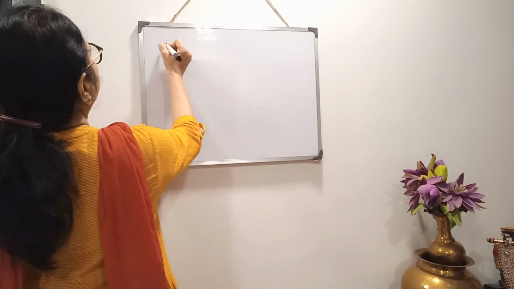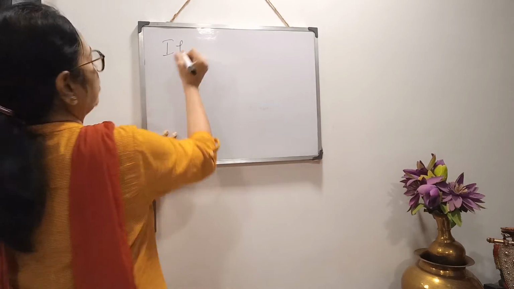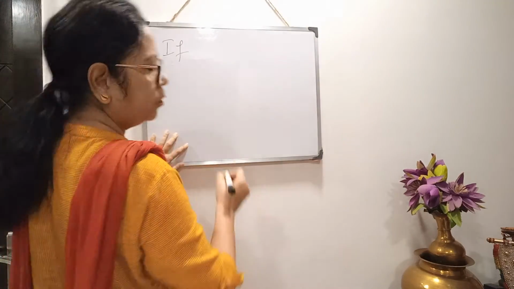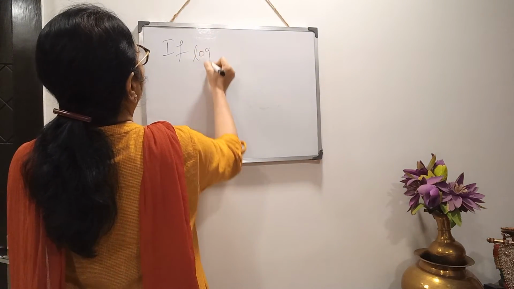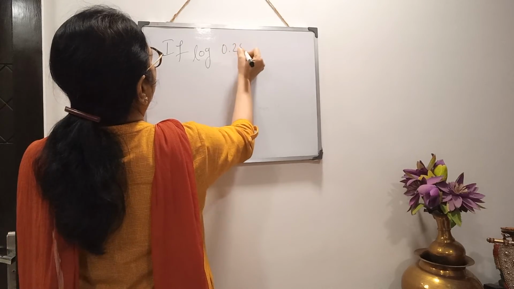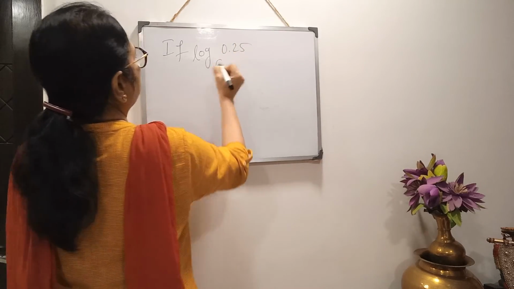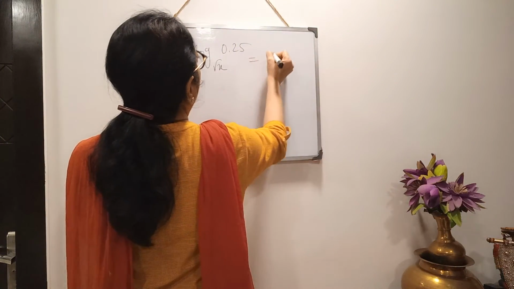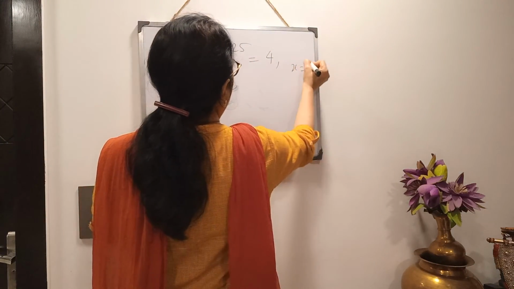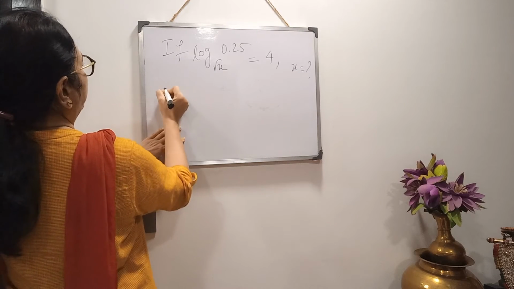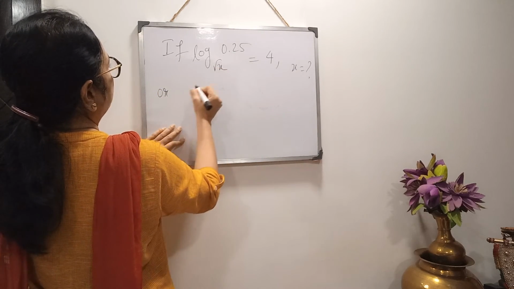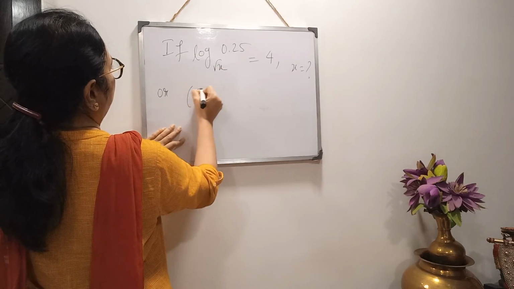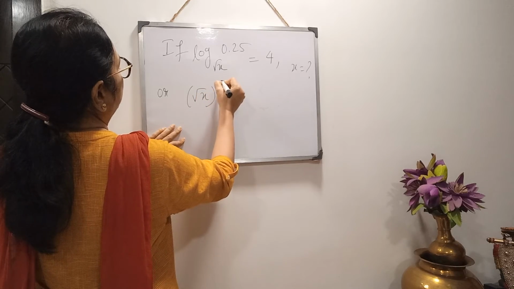if log 0.25 base is root over x equals to 4, then find the value of x. Again, by the property of log or definition of log, we will remove log by this method.